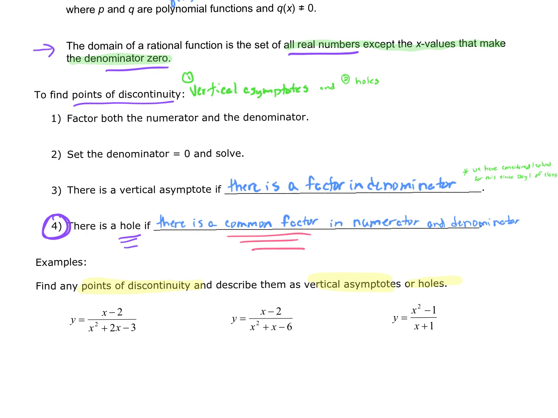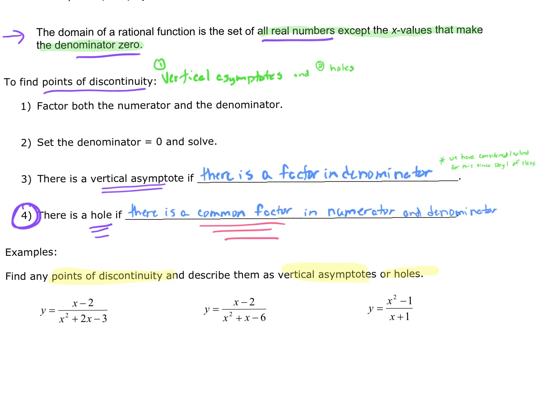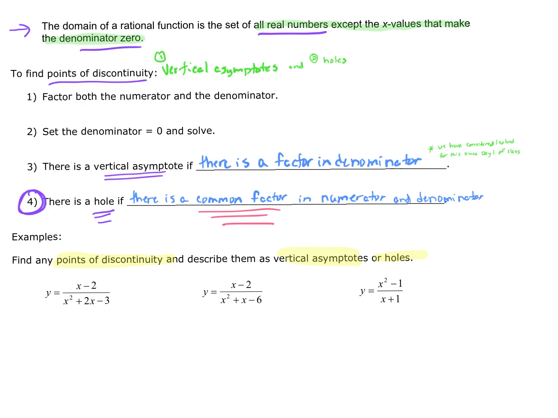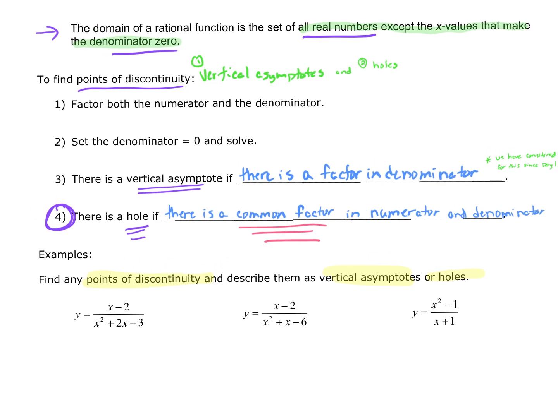And then once we have looked for any factors and divided out any factors that there might be, we look at our reduced rational function. And then we look at whatever's going to make the denominator equal to 0, because that is where we will have our vertical asymptotes. So if there are still factors left in the denominator after we have divided out any factors, then that's where our vertical asymptotes are.